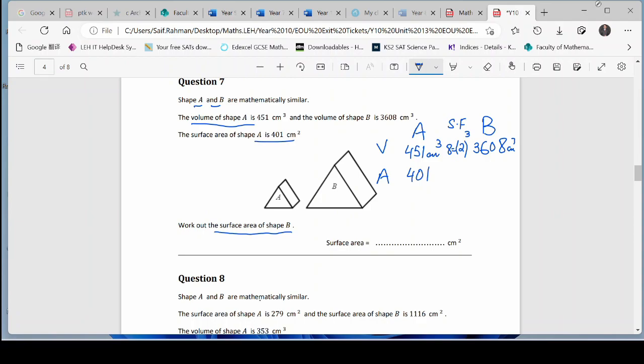So for area, the scale factor we multiply with is 2 square, right? 2 square is the scale factor we have to multiply with the area of A. So 2 square is 4, and then 4 times 401 should give us 1604. 1604 centimeter square should be the area of the bigger one.